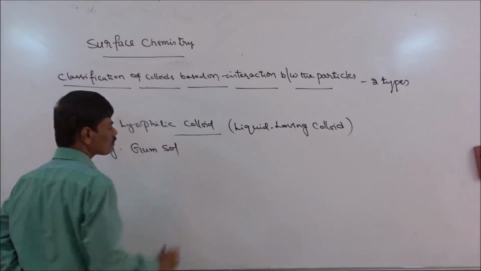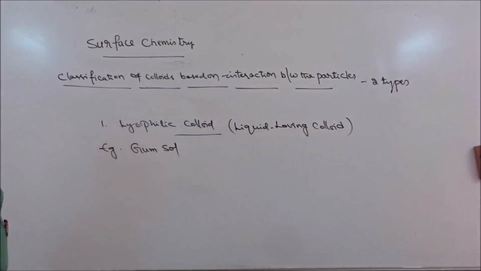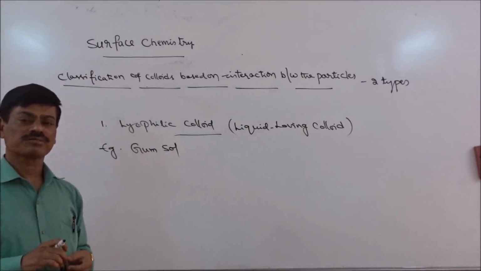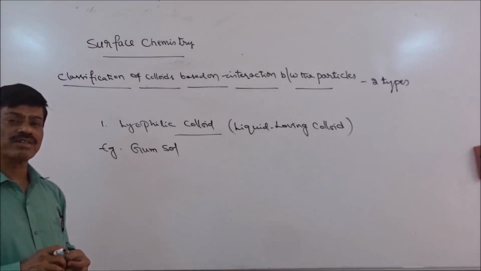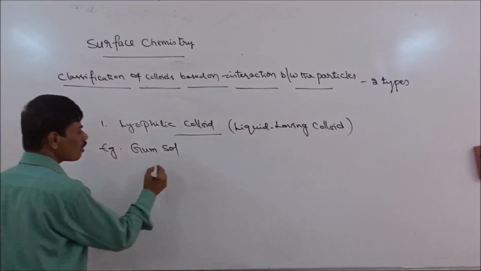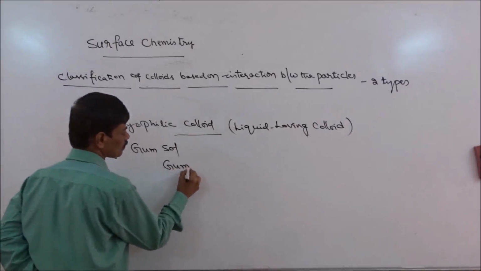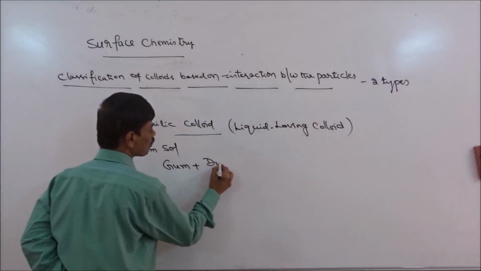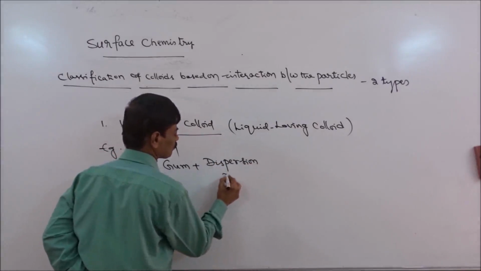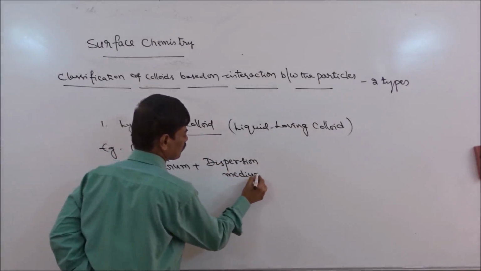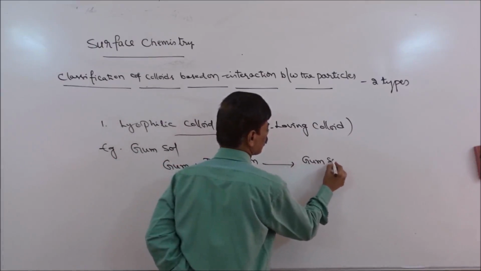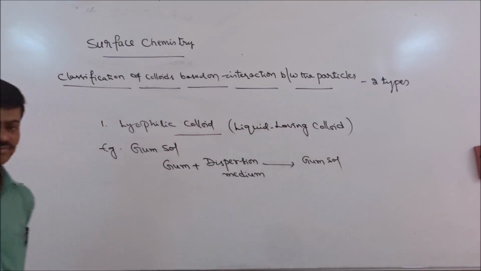Gum salt or gum colloid. In this, gum can be taken in the form of crystals or liquid. To that, when dispersion medium is added, we will get lyophilic colloid. So gum plus dispersion medium gives rise to gum salt.